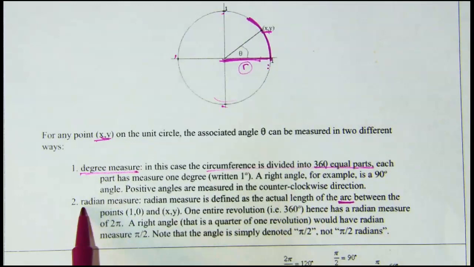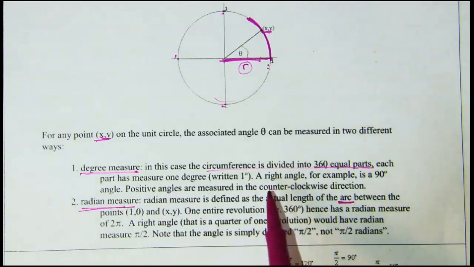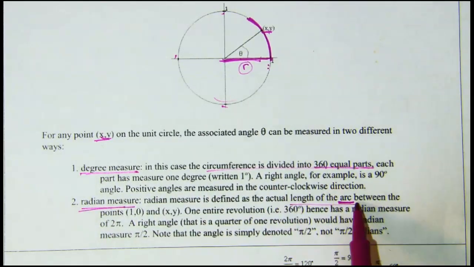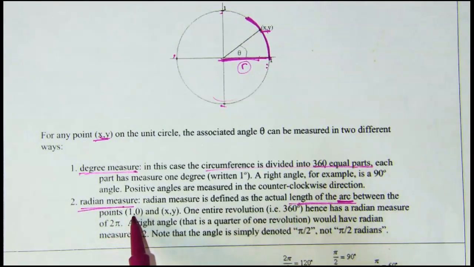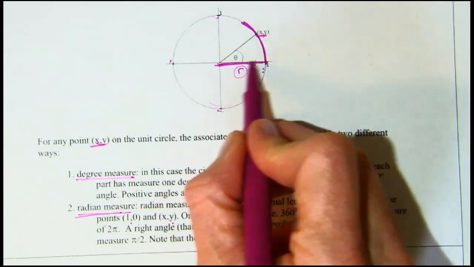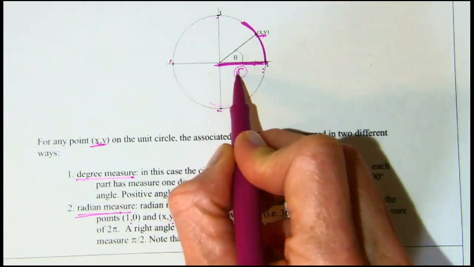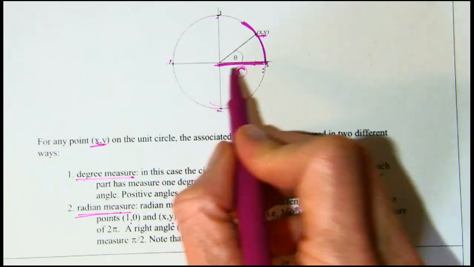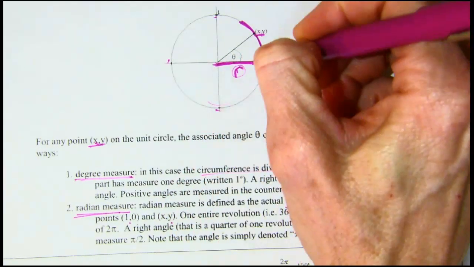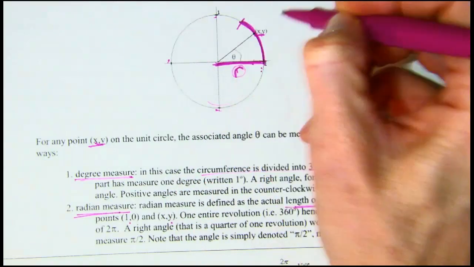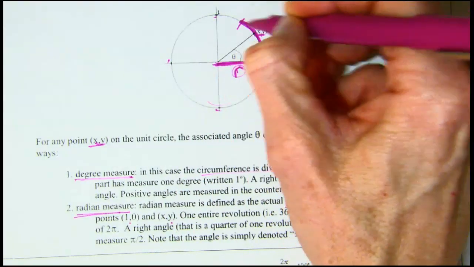It explains radian measure a little bit here, but it's actually the length of the arc between that radius and this point. The easiest way to explain it is this. If this radius right here is r, and I take a string and wrap it around and it goes up to here, that is a radian.